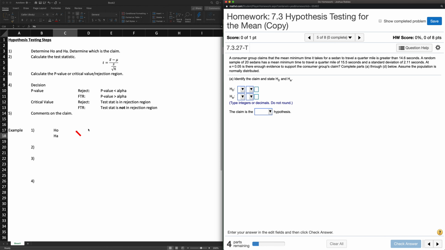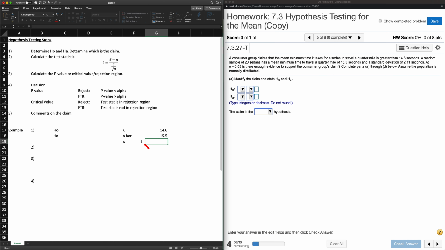Okay, so let's go ahead and first determine some of our information given. The population mean mentioned to compare is 14.6 seconds. We'll still need to finish that to determine the official hypotheses. The sample mean, x bar, is given at 15.5 seconds.